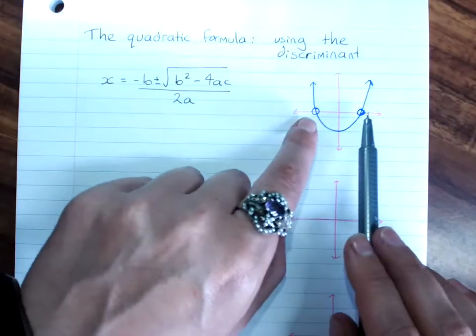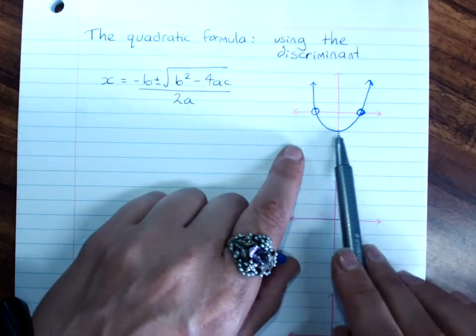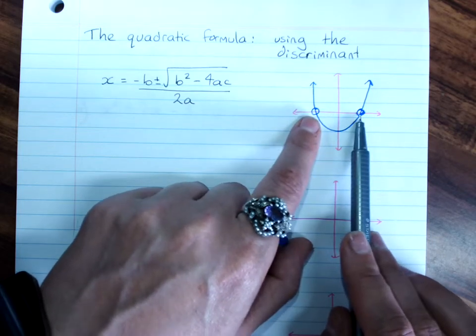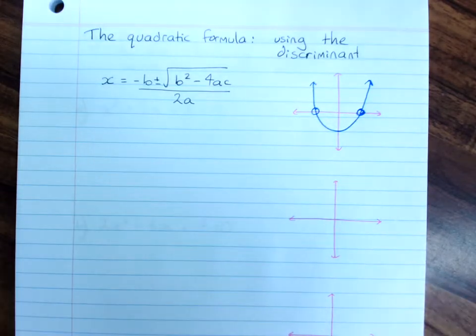So when y equals 0, we have the x-intercepts, and where this parabola cuts the x-axis, you can see there's two possible points. So this quadratic equation that graphs this parabola has two possible solutions. We'll learn more about graphing parabolas later too.